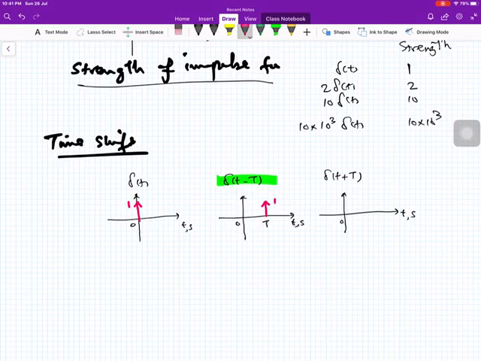Again, if the original unit impulse is this and we shift the origin towards positive side by an amount t second, what should it be then? Sorry, it should not be like this, I will redraw it.